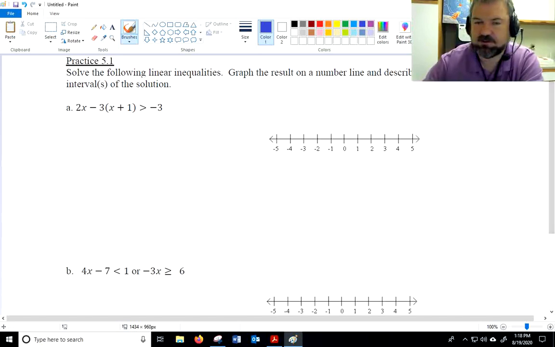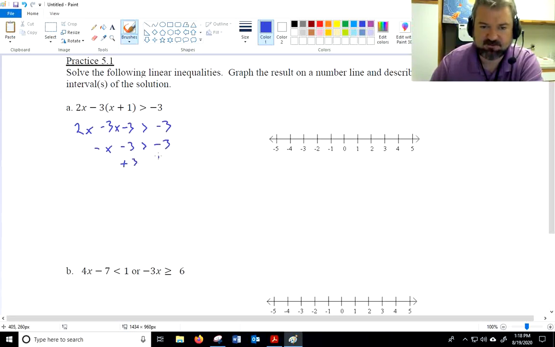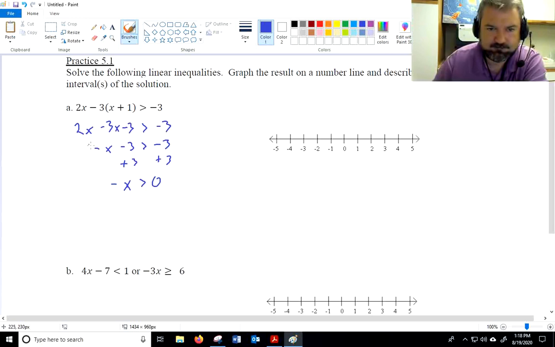So on this one, we had to distribute a negative 3, right? So 2x minus 3x minus 3 is greater than negative 3. It gives me negative x minus 3 is greater than negative 3. I'll add 3 to each side. Negative x is greater than 0. Then I divide both sides by a negative 1.